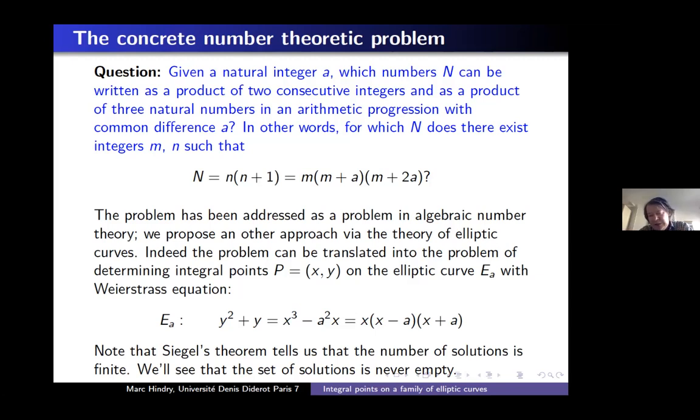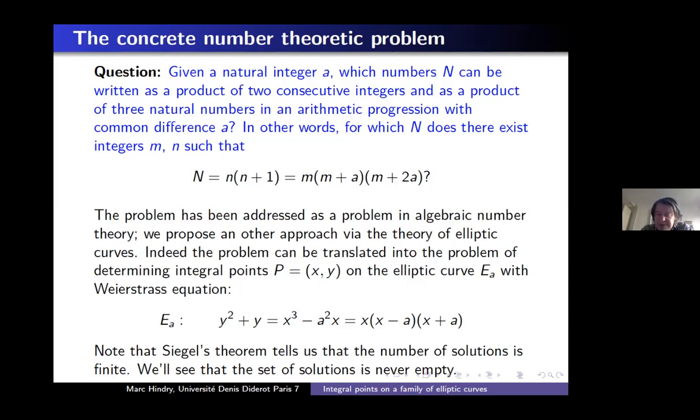Of course, we'll allow them to be negative, which is a bit different from the original problem, but it's quite natural. So for given A, Siegel's theorem tells us that the number of solutions is finite. It's important to have this in mind. We will see that actually the set of solutions is never empty. There are always integral points.